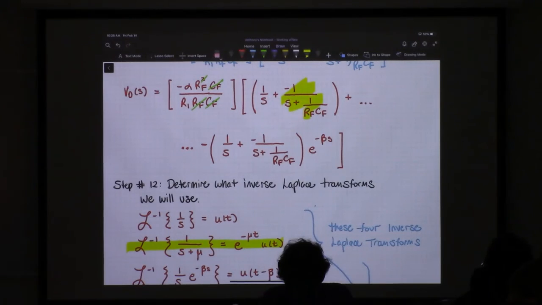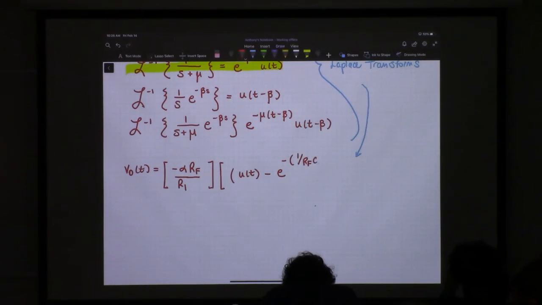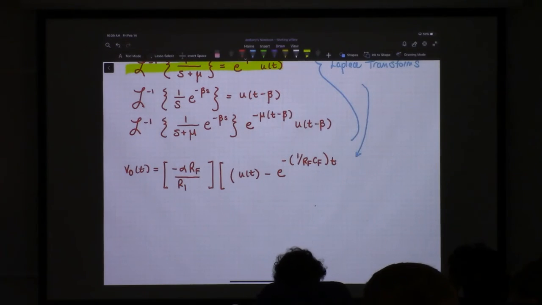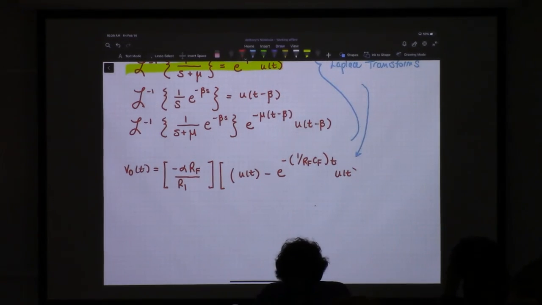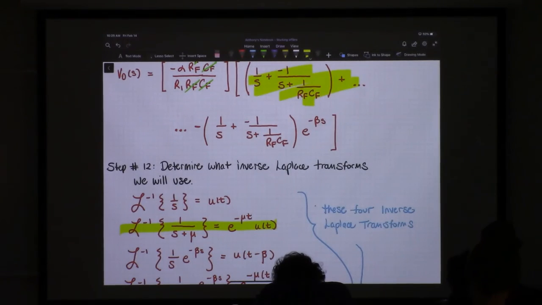So that will give us minus e to the negative 1 over RF CF t times u of t. So now we've gotten rid of that whole piece.